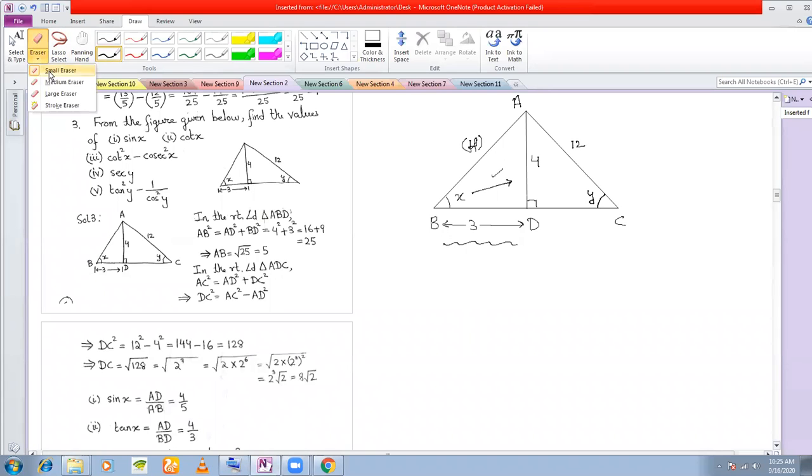Now what do we need for sine x? Sine x is nothing but the ratio of perpendicular and hypotenuse. I don't know the length of the hypotenuse, so from Pythagoras theorem, I'll first calculate the length of the hypotenuse AB.